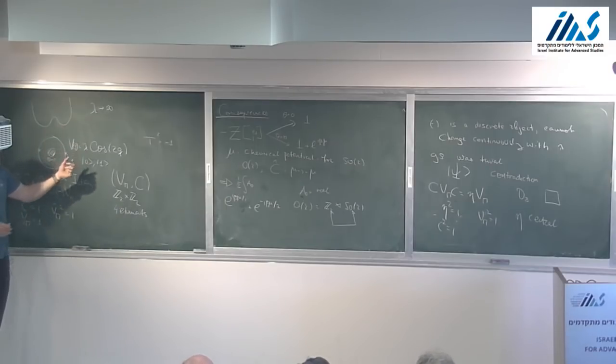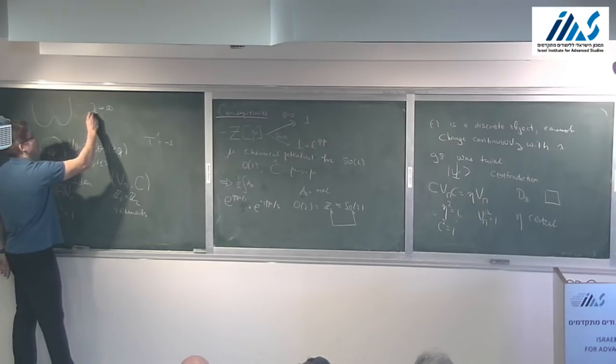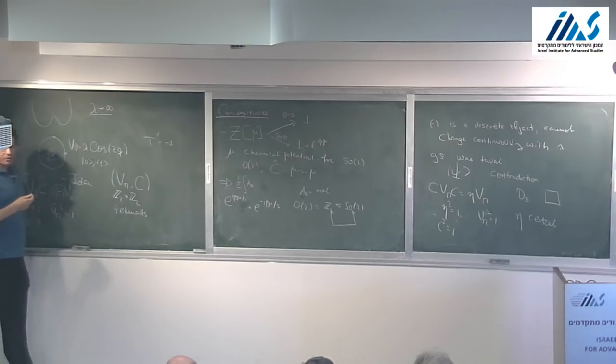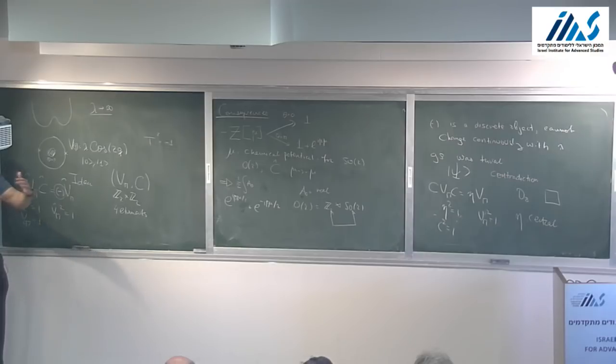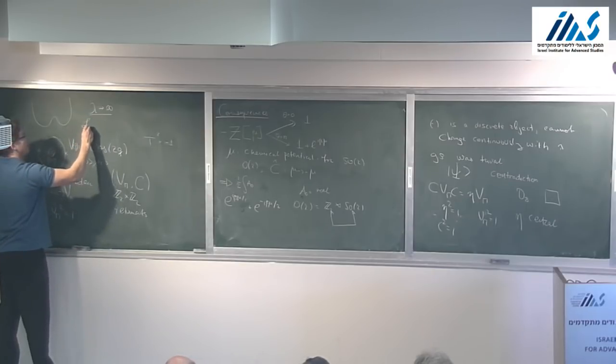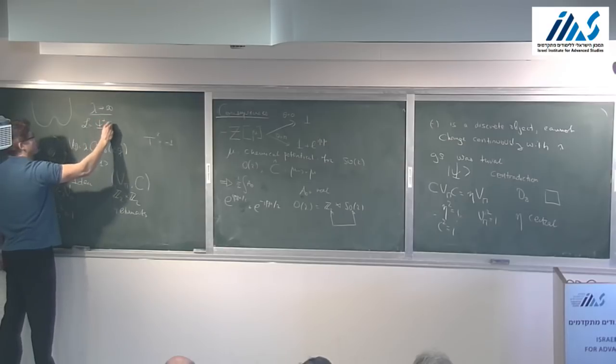So then the Hilbert space consists of just the ground states, the 0 and 1 states. Which other system do you know with 2 states? Free fermion, right? So at lambda equals infinity, there is a boson-fermion duality, which is extremely similar to how boson-fermion duality works in 2+1 dimensions, where you take a bosonic theory, you take the coupling to infinity, and you get a free fermion. So at lambda equals infinity, this system is exactly equivalent to a single complex fermion.